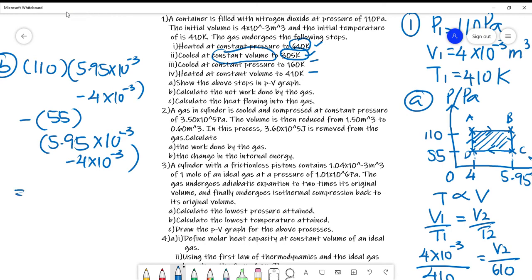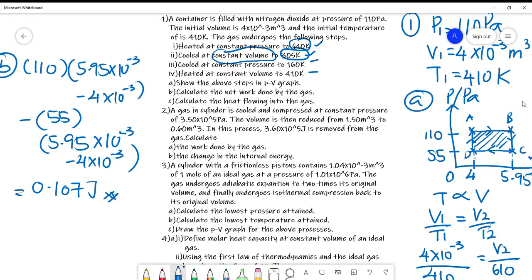Okay, so what will be our answer? Almost done. So my final answer will be 0.107 joule.